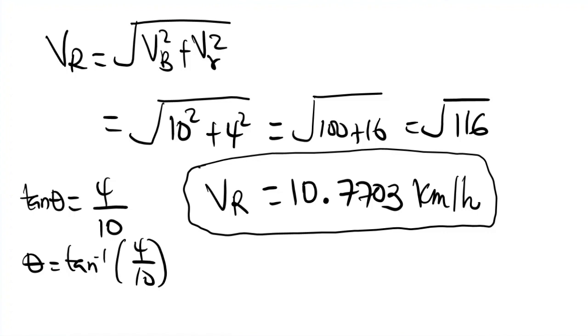But let's do that in the calculator. Tan inverse of 0.4 basically. So I got theta to be 21.80 degrees. So let me draw the diagram here again.